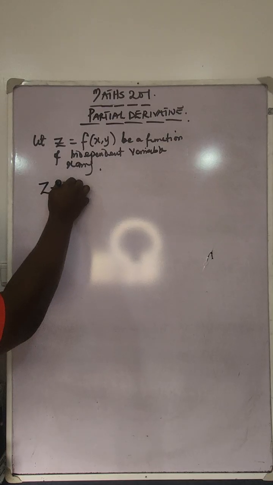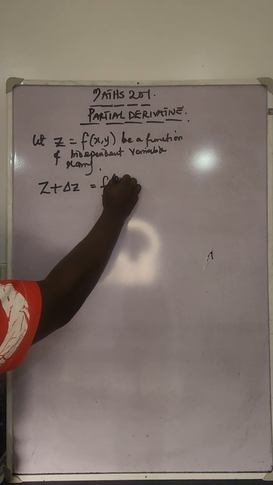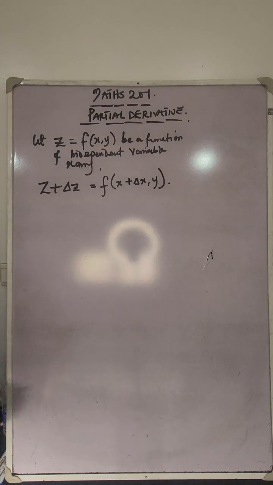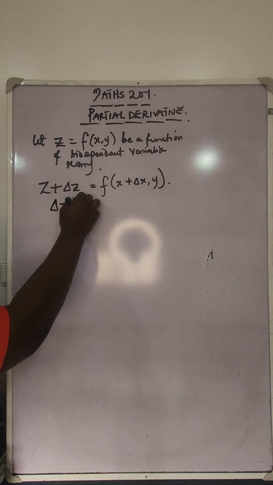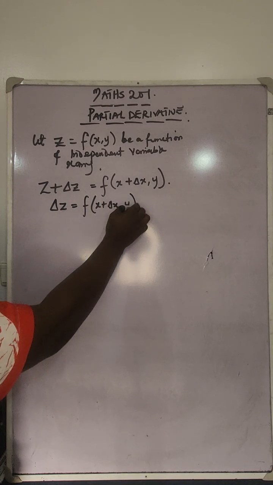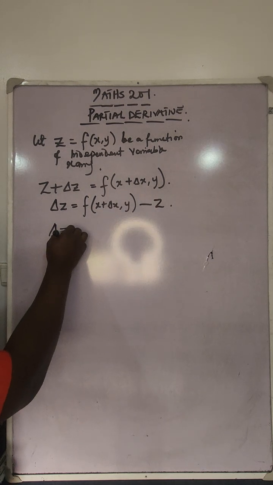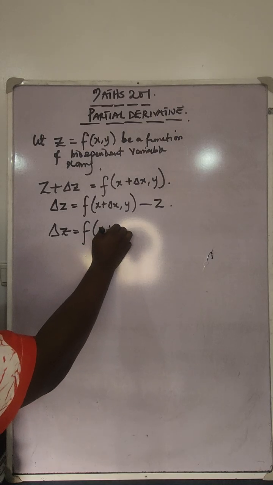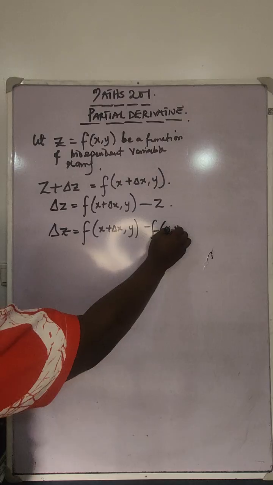Then z plus the change in z is equal to f of x plus the change in x, y, keeping y constant. So we have the change in z equals f of x plus the change in x, comma y, minus f of x comma y.